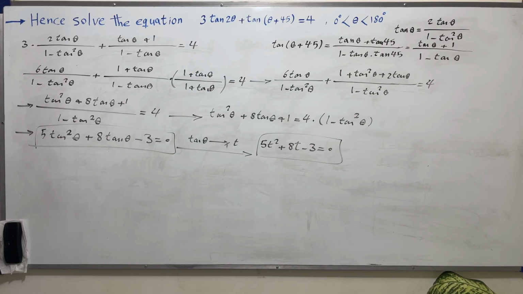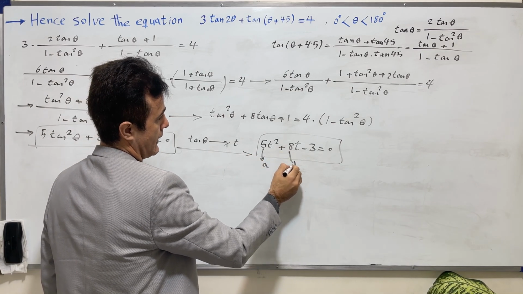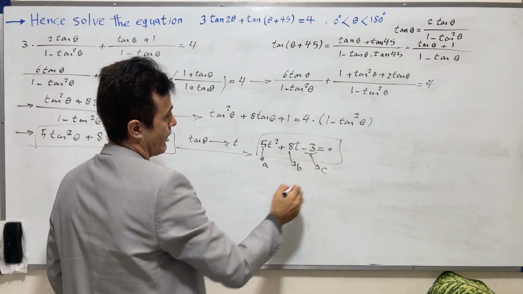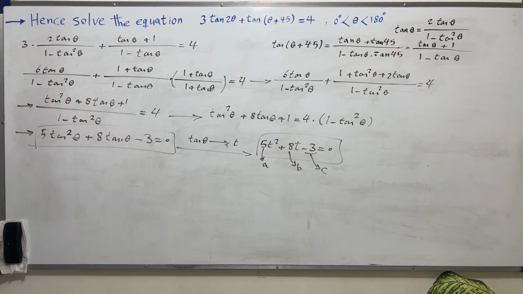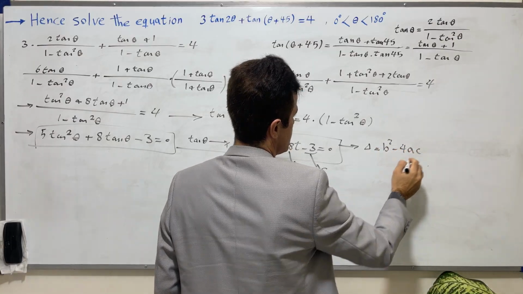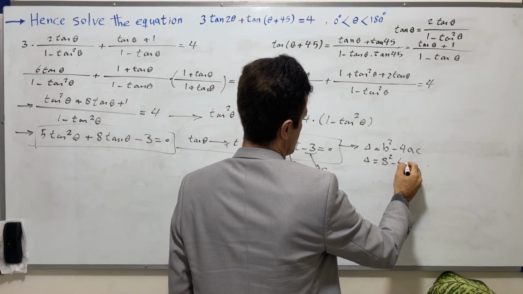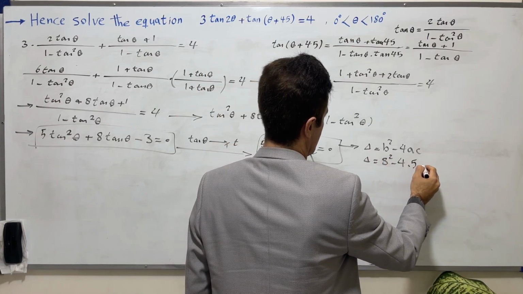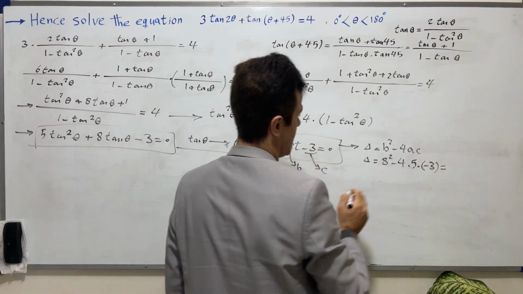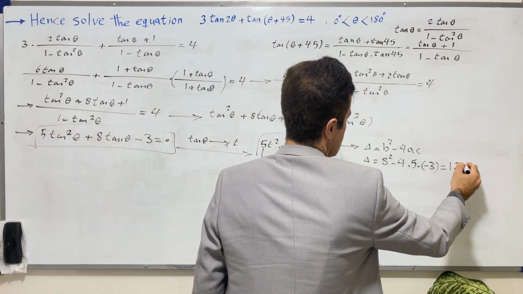Now we solve this quadratic equation by using the general formula. a is 5, b is 8, and c is minus 3. Then delta equals b² minus 4ac, delta equals 8² minus 4 times 5 times minus 3, equals 124.